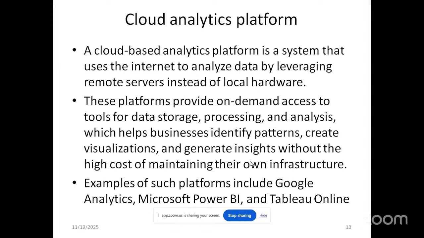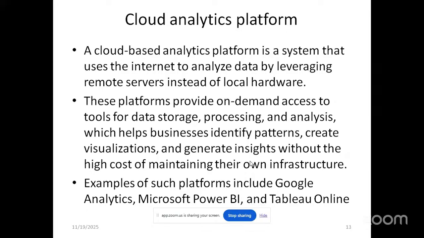Next is the third component, the cloud analytics platform. A cloud-based analytics platform is a system that uses the internet to analyze data by leveraging remote servers instead of local hardware.